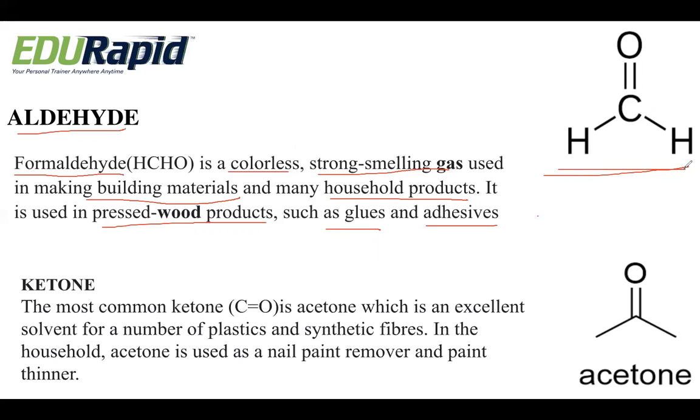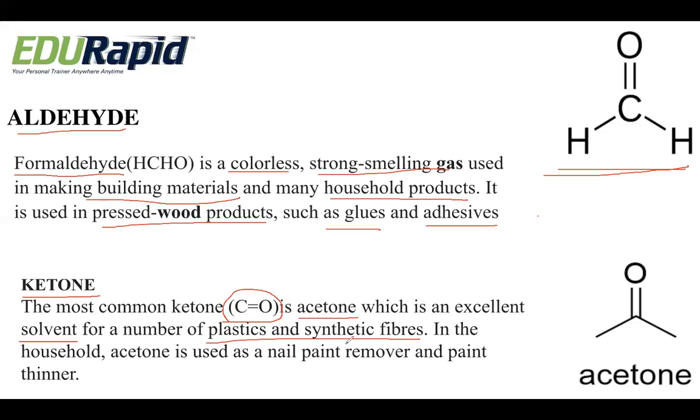So the next one is ketone. What is the functional group of ketone? C double bond O. The most common ketone is acetone, which is an excellent solvent for a number of plastics and synthetic fibers. So it is a solvent. We can dissolve most of the plastics and synthetic fibers.